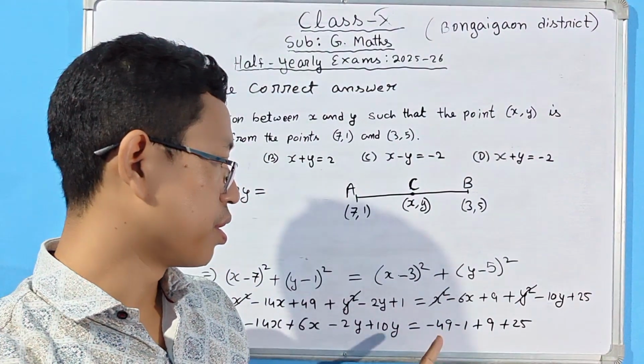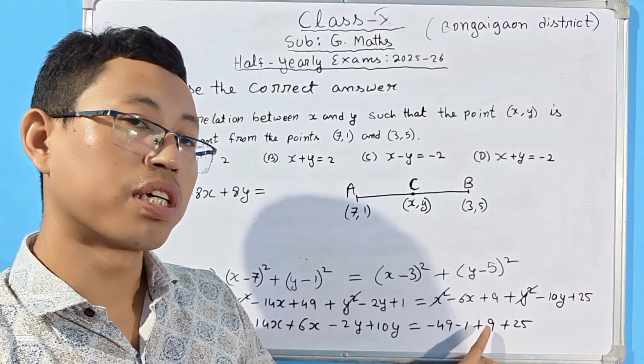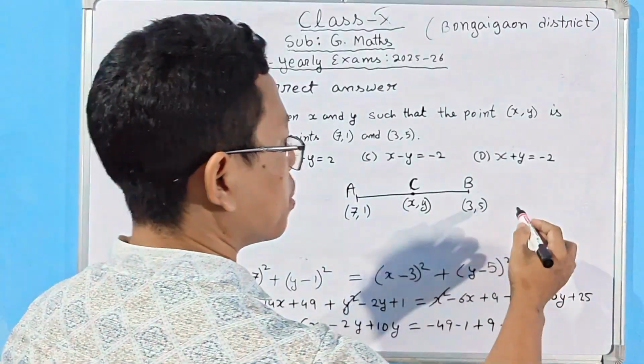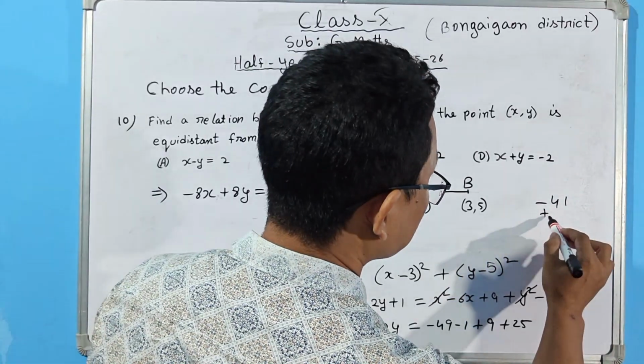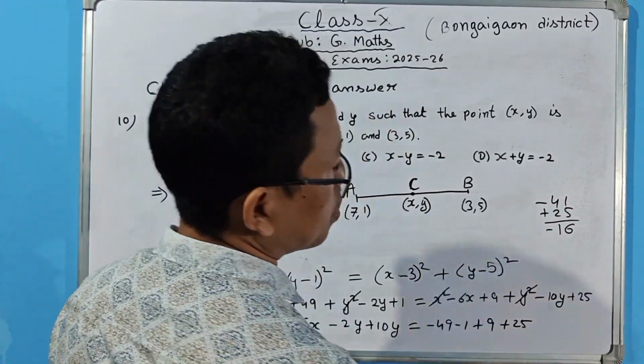And what about this side? Minus 49 minus 1 is minus 50, minus 50 plus 9, we get minus 41, and minus 41 plus 25, we get minus 16.